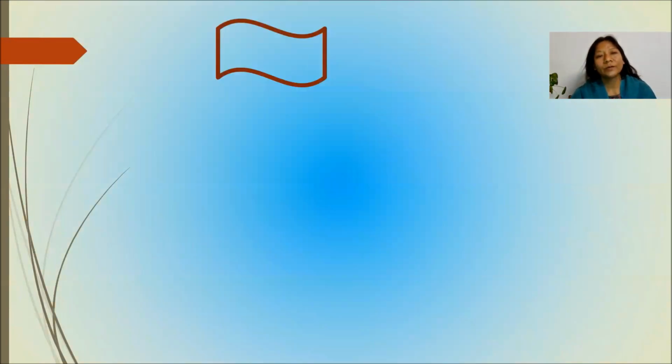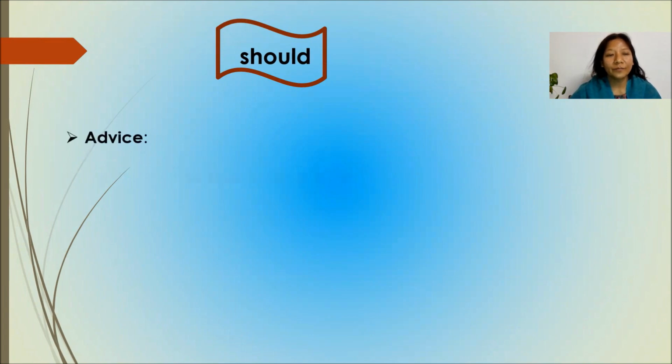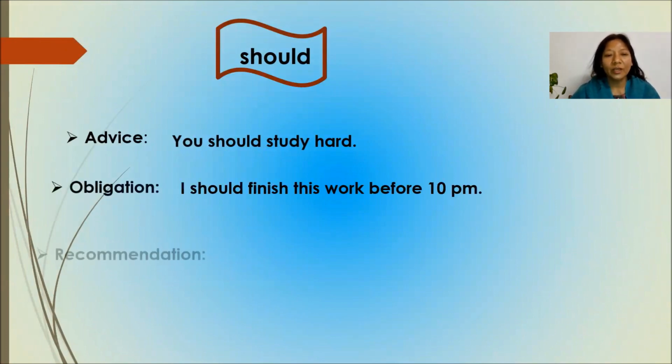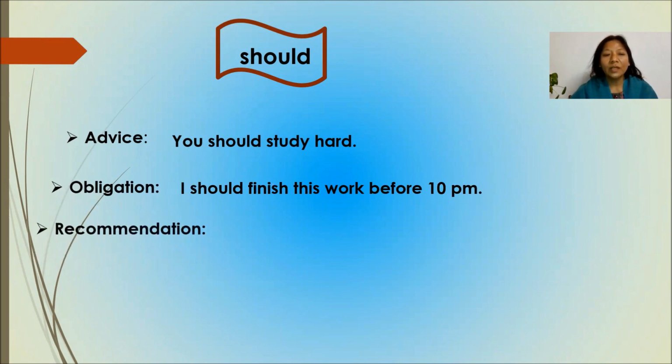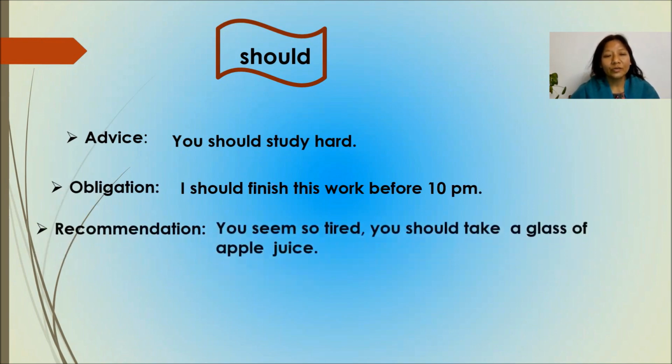Okay. So another modal verb is should. Should is used to express advice. You should study hard, okay, giving advice. You should study hard because your exam is at hand. Obligation: I should finish this work before 10 p.m. This is obligation. Recommendation: you seem so tired, you should take a glass of apple juice, okay.